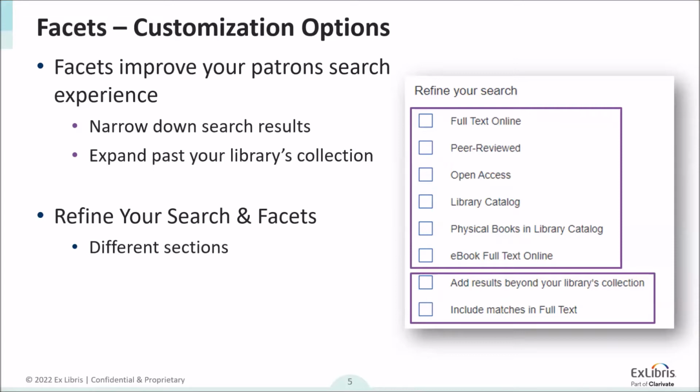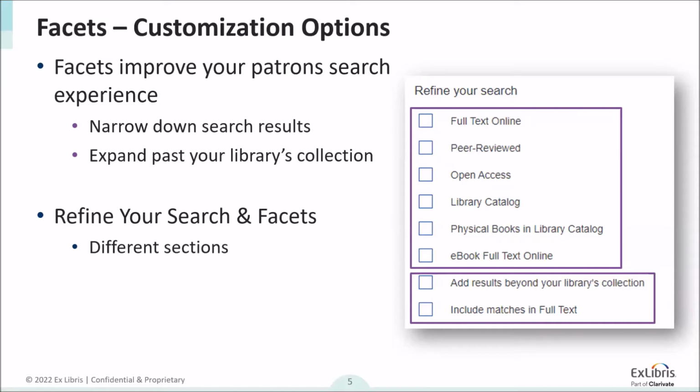So it's great to really drill down on what you're looking for. And one of the great things that I want to highlight here is that you can customize these facets to show what's important for your site. So if we're indexing your library catalog in Summon, we can do cool things like only show the physical books in your library catalog.